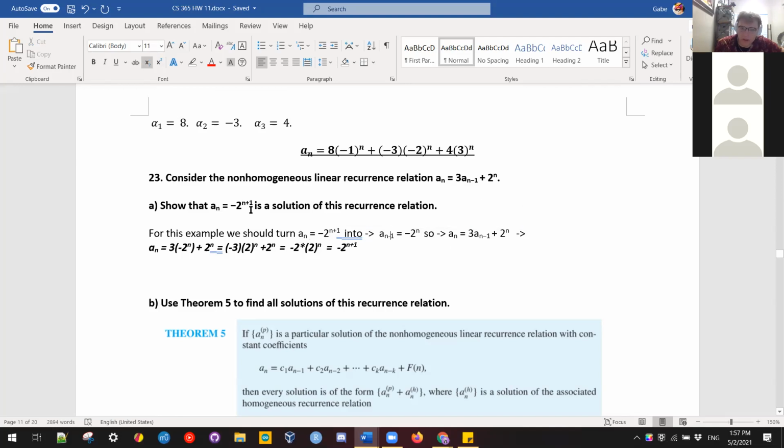Okay, gotcha. So for this one, you want to be able to fill this in here and then be able to just turn it back into a_n. To do that, you want to turn this guy into a_(n-1) so we could plug in right there. So how we would do that is we would just subtract by 1, which just turns us into -2^n. And then you could plug in. So we could now say 3 times -2^n plus 2^n, and that's going to break all the way down to -2^n plus 1, which is exactly what we're looking for right here.